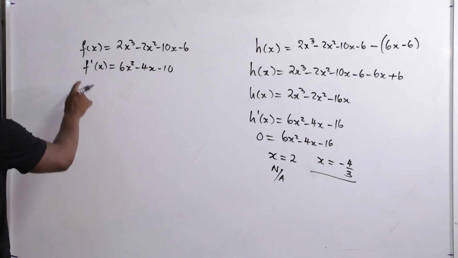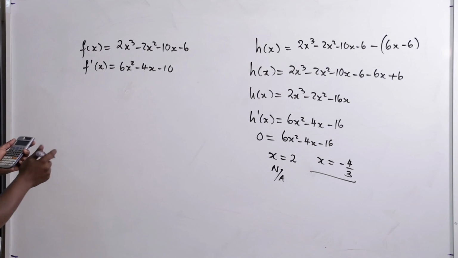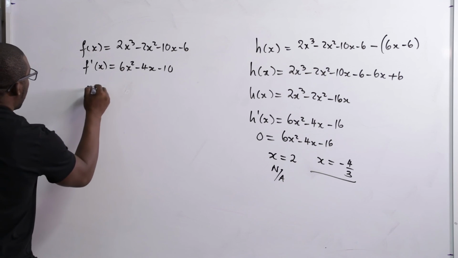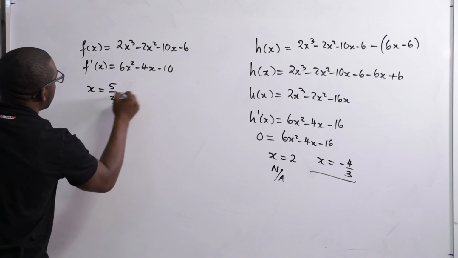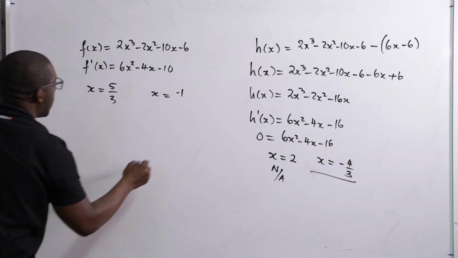This is the derivative, and that derivative has two x values: one is 5 over 3, and the other is x equals minus 1.